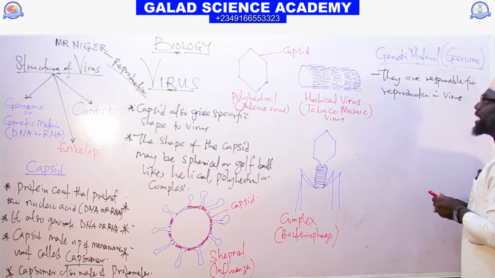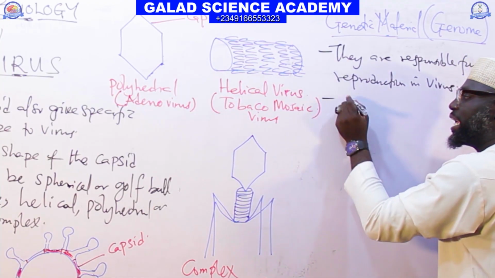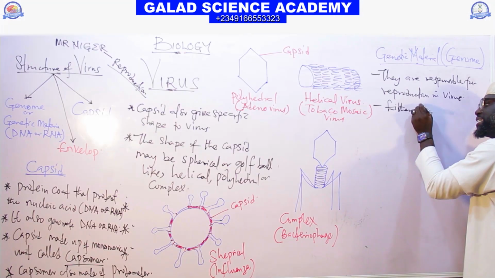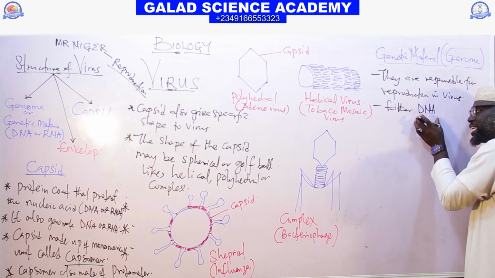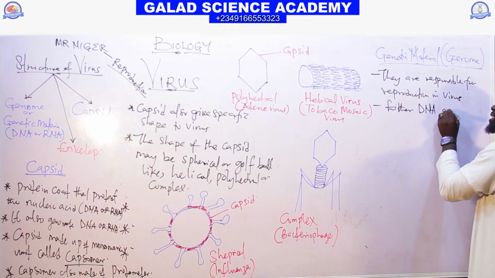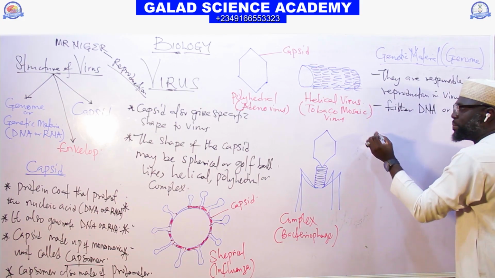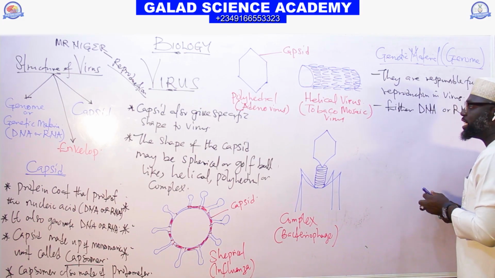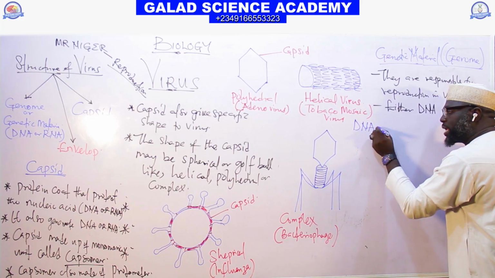The genetic material contains either DNA, called deoxyribonucleic acid, or RNA. DNA means what? The full meaning of DNA is deoxy. Let me write it here. DNA means what?